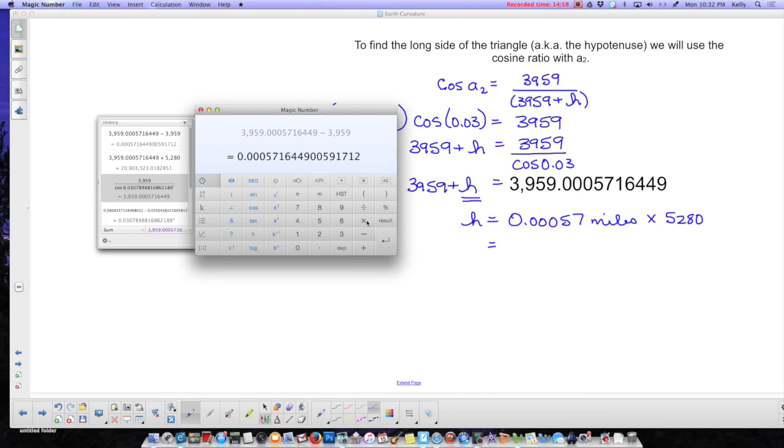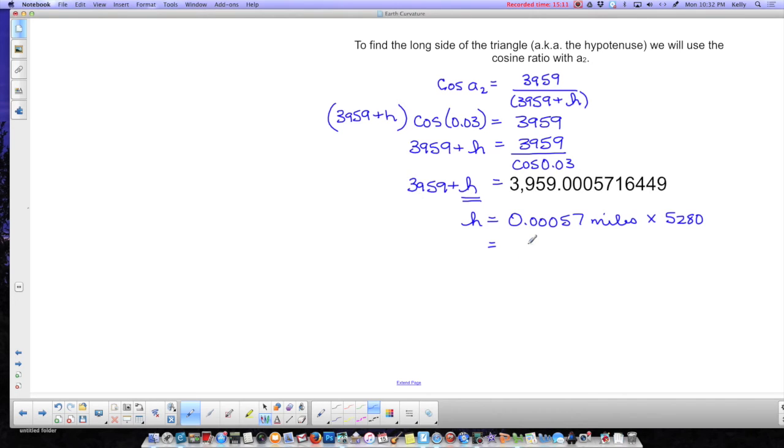Now I'm going to times it by 5280. And now we get something that makes more sense. 3.018. And that is in feet. So 3 feet of obstruction is what we would get if we were 10 feet off the ground.